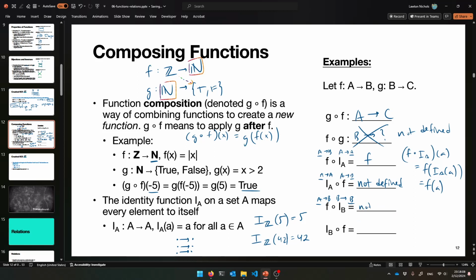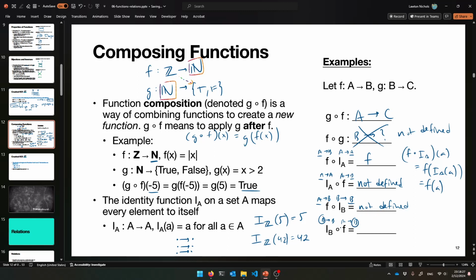But this last one should work out. Do you see how f goes from a to b? So this function is going to take an a and give back some element of b, and then we're going to feed that through the identity function on b's, which takes a b, gives back a b. Finally, we get the output, again matching the input here.